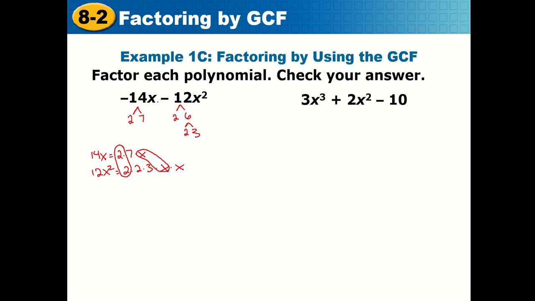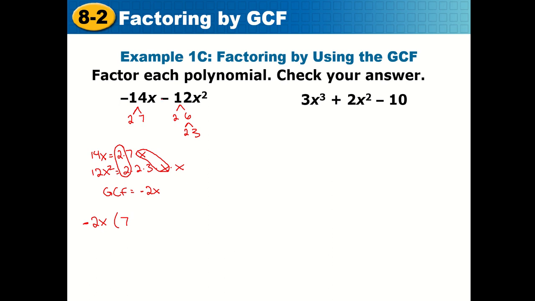But I don't want a negative here in my polynomial, so I'm going to take out a negative. So I'm not just going to make my greatest common factor 2x, I'm going to make it negative 2x. So I'm going to start with a negative 2x here, which then, if I'm taking a negative out of here, makes this a positive. So then I'm left with just 7.